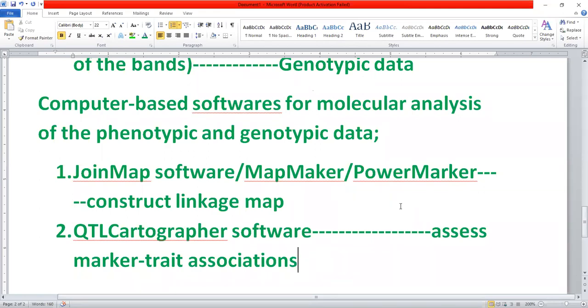It means that this QTL Cartographer analysis will show us which marker is closer to the gene controlling plant height in wheat. So we have covered in detail the QTL mapping procedure by taking the example of plant height in wheat.